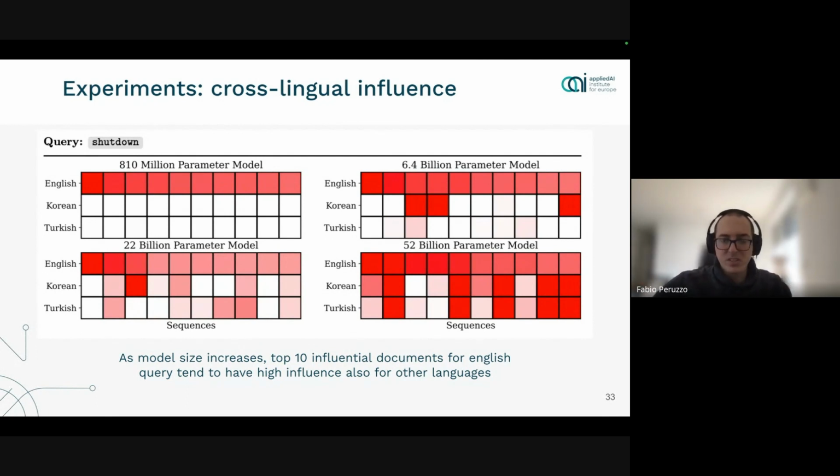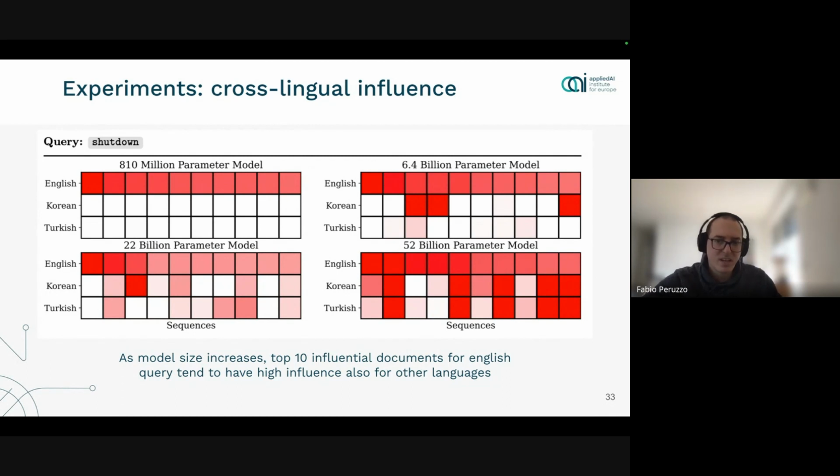But as the model increases in size, the documents that are influential for the English query also become influential for the other 2 languages. So in other words, it seems like while the smaller model relies more on word-to-word correspondences, so there is the shutdown word here, so I'm going to remember the training documents that had the shutdown word, and I'm going to try to pull together an answer.